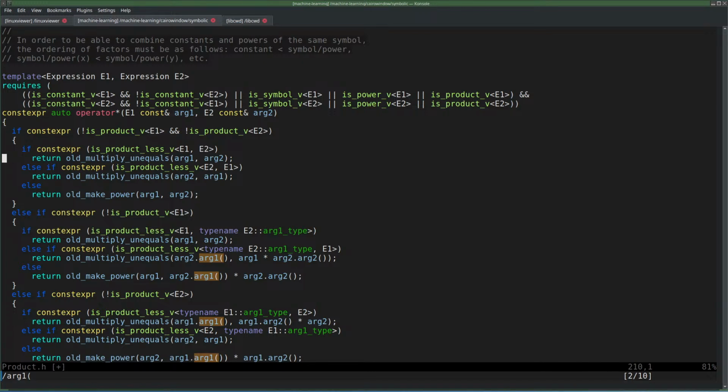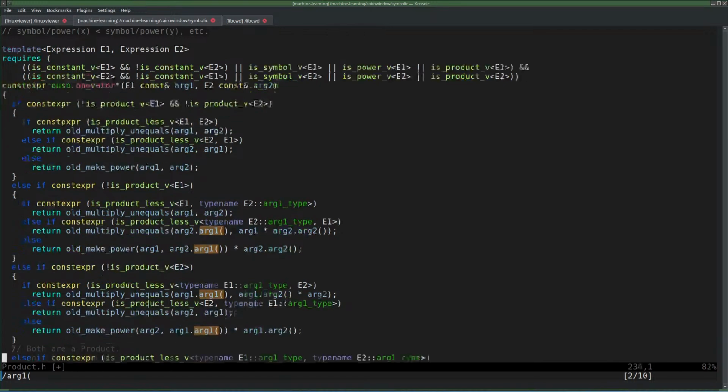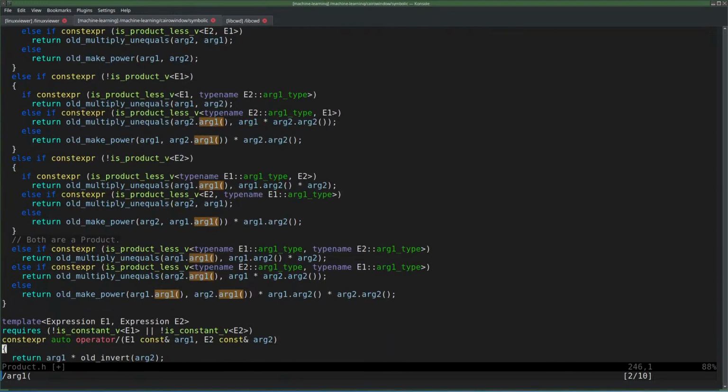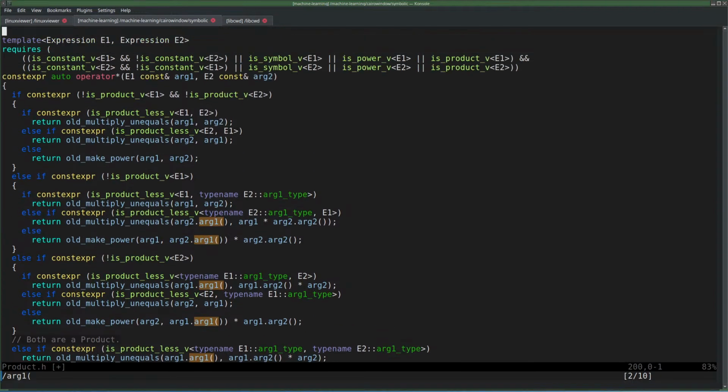And I think that in the end that just means that we have to get rid of the calls to alt, alt whatever. There's just two functions, alt multiply unequals and alt make power. But alt make power, let's begin with this line here.